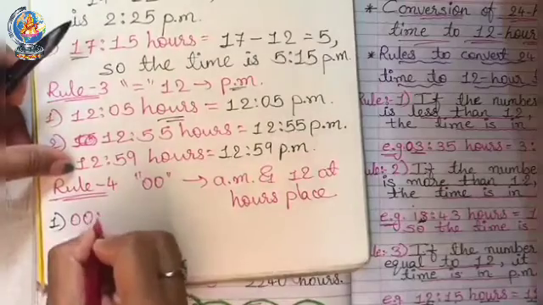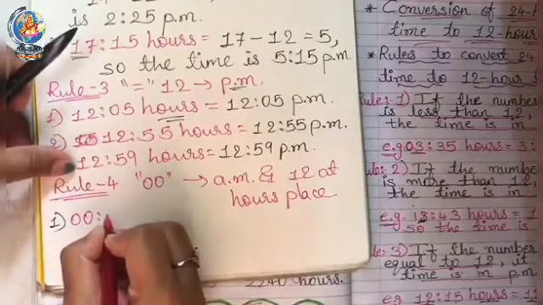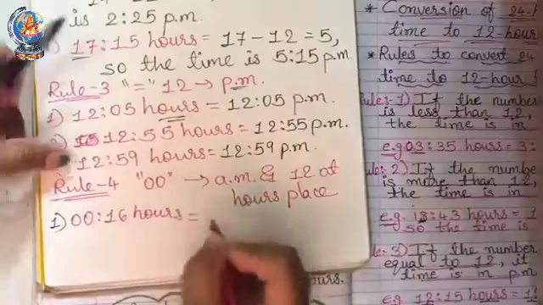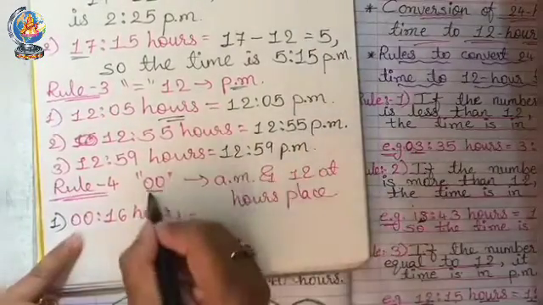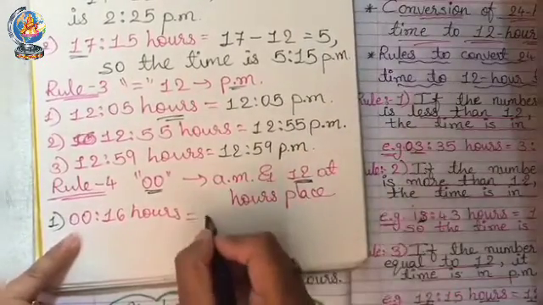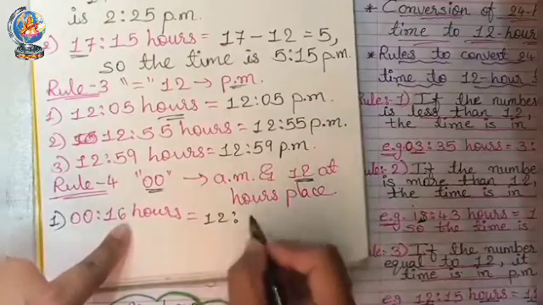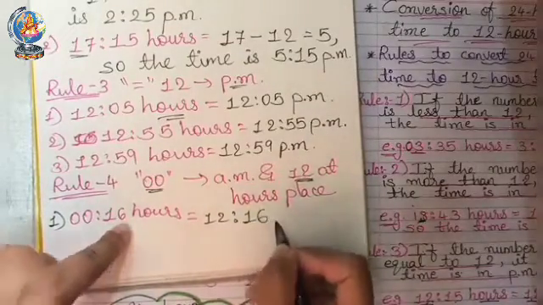0:16 hours is equal to, instead of 0, what do we have to write? 12, right? So 12 I have written, 16 is the minutes so it's not going to change, and instead of hours we will write AM.